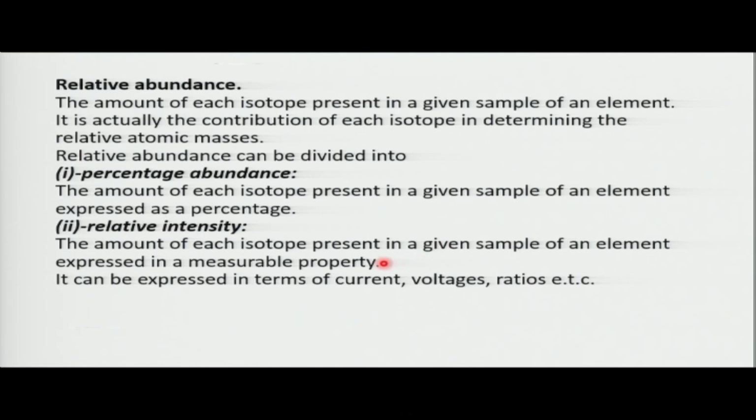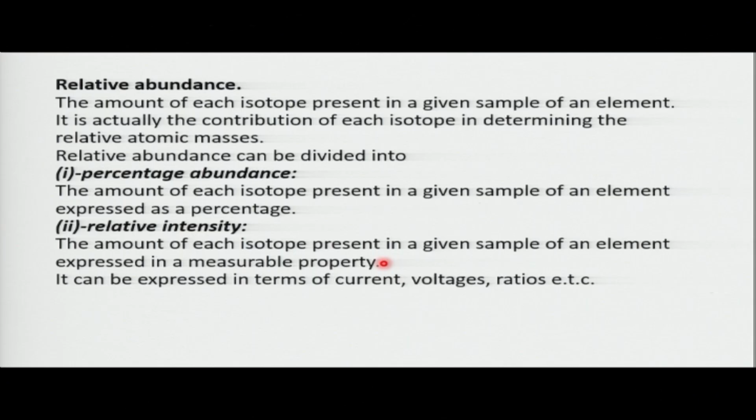So here we are saying the amount of each isotope, meaning that if we have, for example, 10 isotopes, each of those isotopes has a given amount. That amount of each isotope is what we are going to be calling the relative intensity.